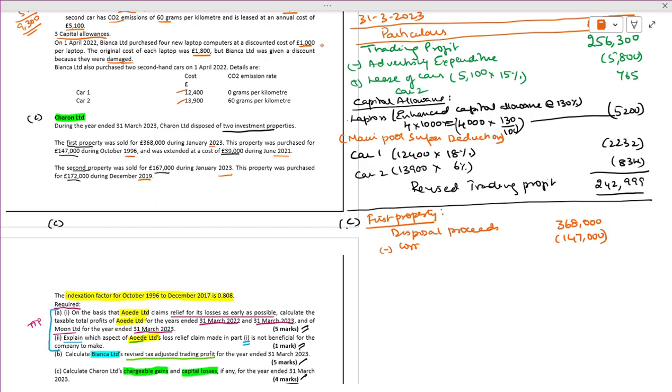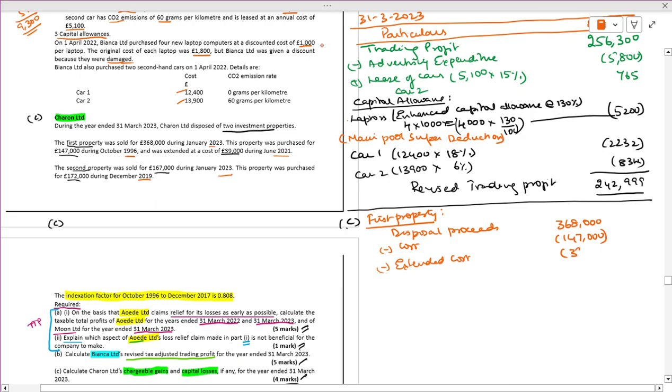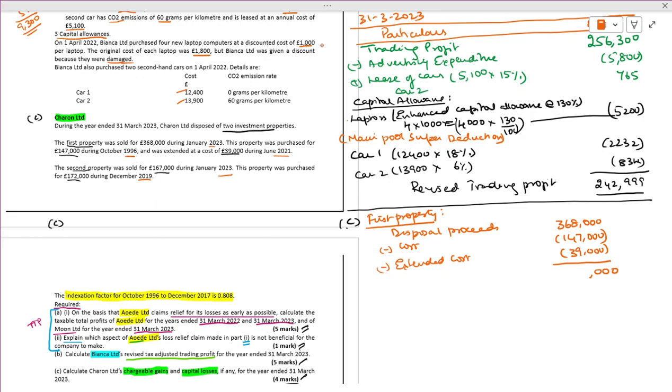They have extended it, and the extended cost is 39,000. It comes to how much? 281?